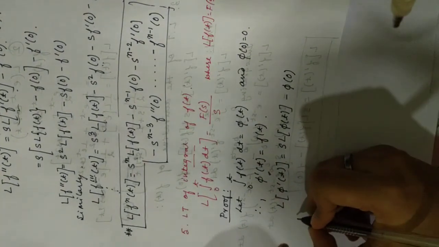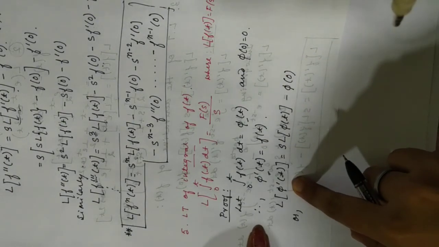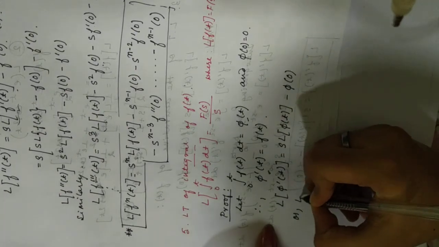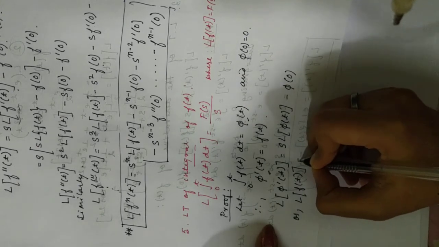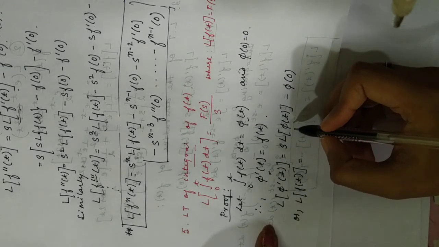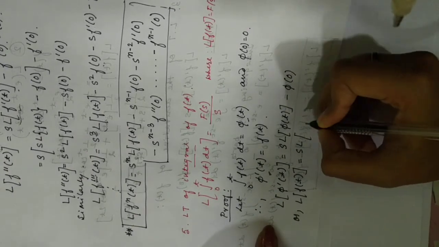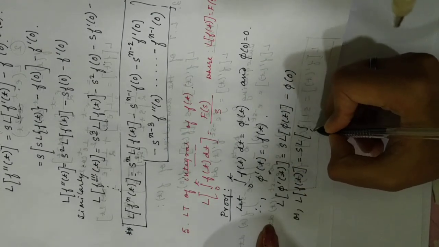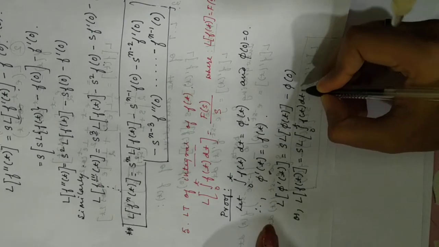So directly from this you can get, so our phi prime t is f t, right? So Laplace transform of f t is equal to s times Laplace transform of phi t minus phi 0. This is the equation, so phi t is the integral from 0 to t of f t dt, right?